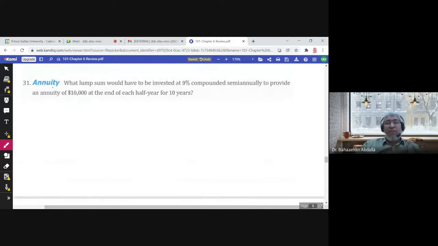What lump sum would have to be invested at 9% compounded semi-annually? So I is 0.09 over 2, and that's 0.045 for 10 years.